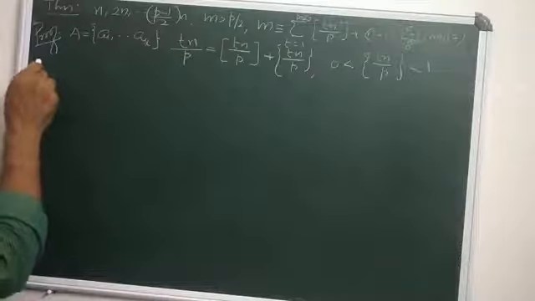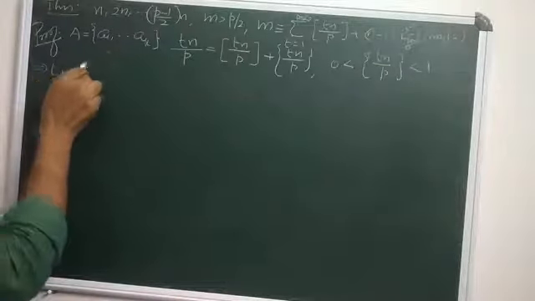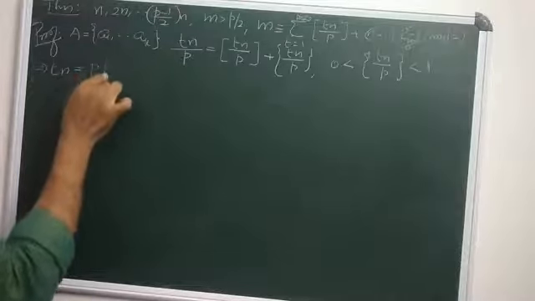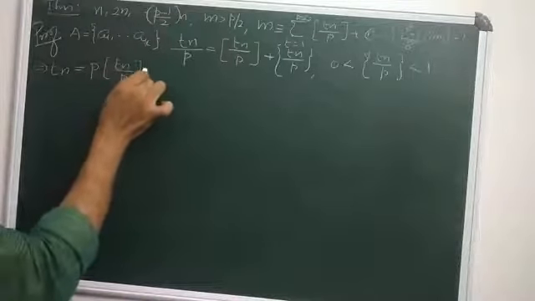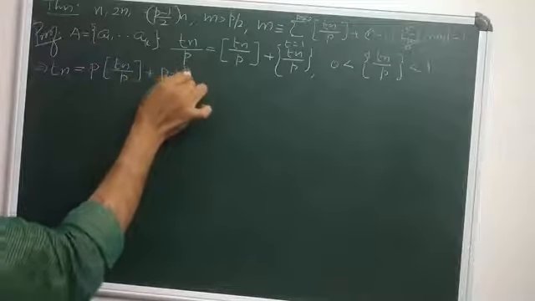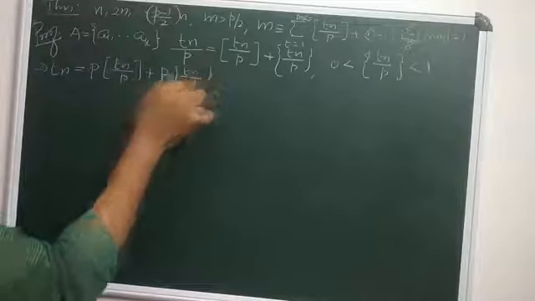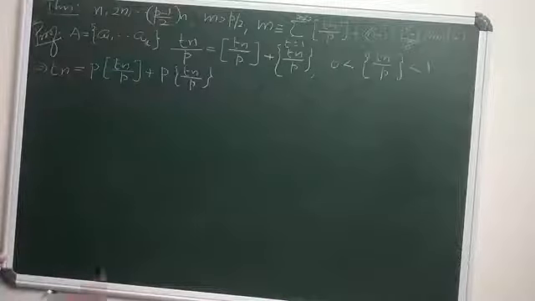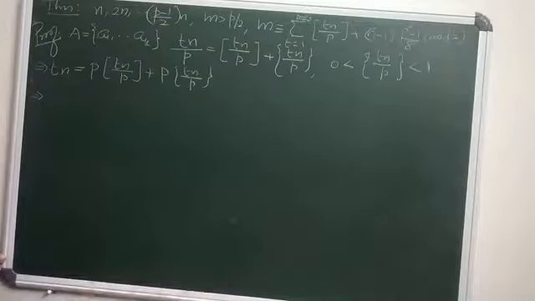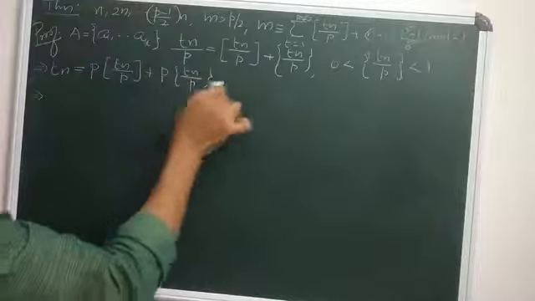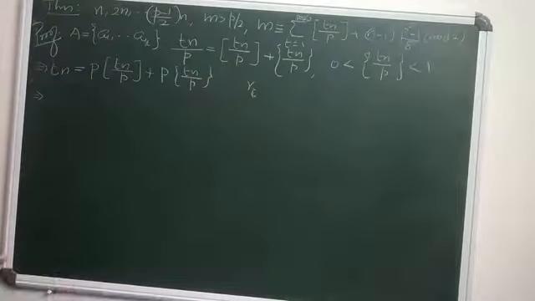So from here, what is tn? That means tn equals p into the integer part of tn by p plus p into the fraction part of tn by p. Agreed. So let p into the fraction part of tn by p be denoted as some rt.